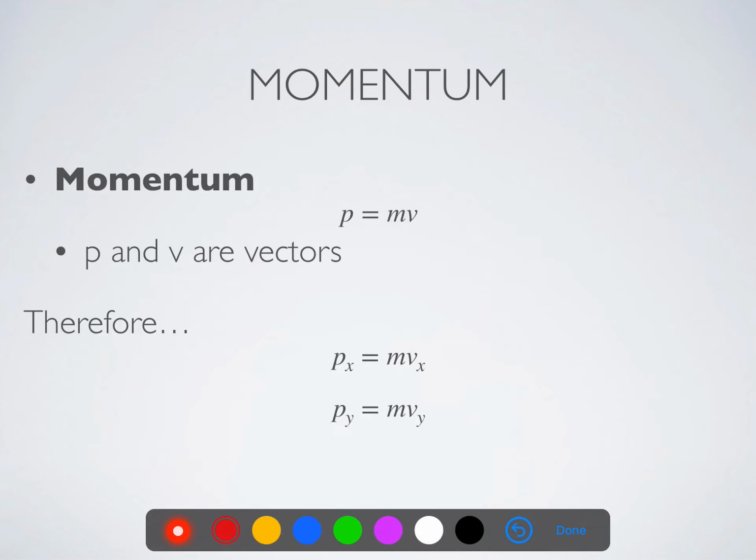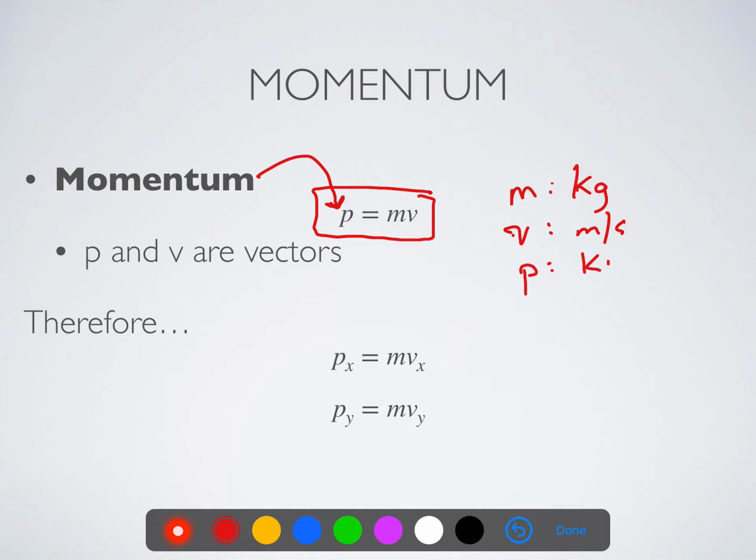So let's talk about momentum now. This is that Kevin Durant example at the beginning where you are the real MVP. Notice that momentum is equal to mass times velocity. We use P to represent momentum because mass is already using M. M represents mass and V represents velocity. Remember, mass has units of kg, kilograms, velocity has units of meters per second, which means that momentum has units of kilograms times meters per second.